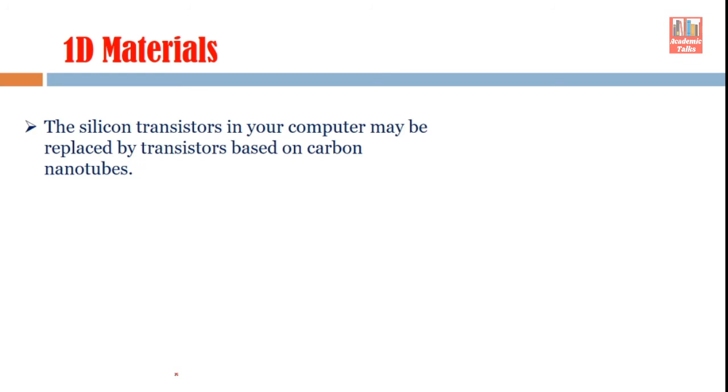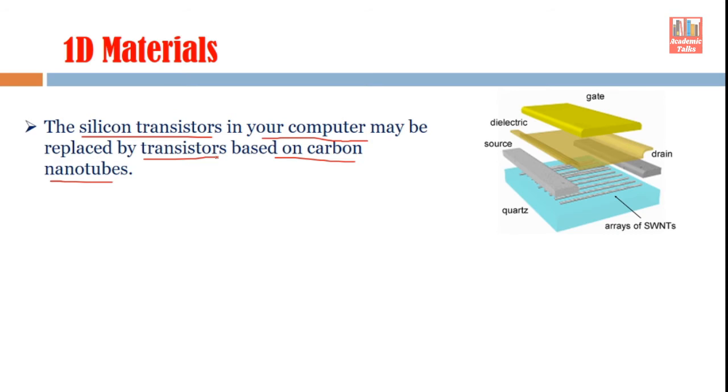Now let's see some applications of one dimensional materials. For example, the silicon transistor, which is used in the integrated circuits these days in our computer systems or in electronic systems, is going to be replaced by carbon nanotube based transistors. So you can see this kind of structure.